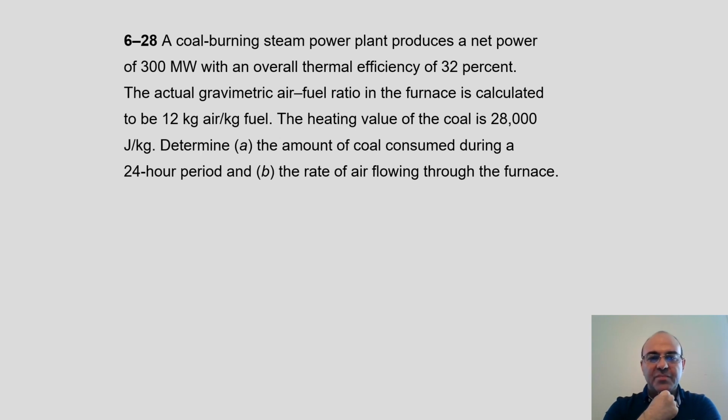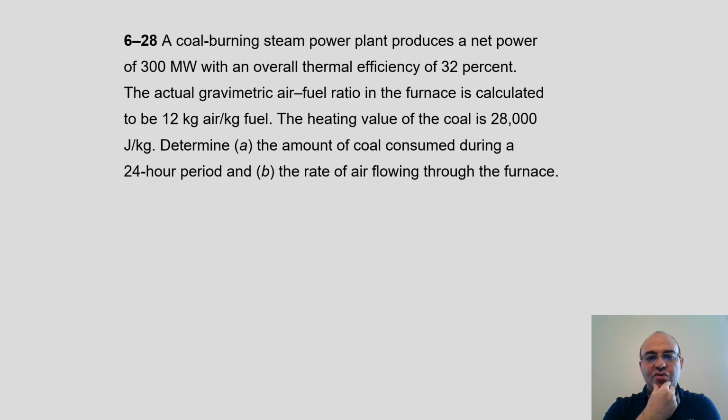Okay. So we have the W net out and we have the efficiency. The actual gravimetric air-fuel ratio, the mass of air over mass of fuel in the furnace of the boiler, is calculated to be 12 kilograms of air per 1 kilogram of fuel.